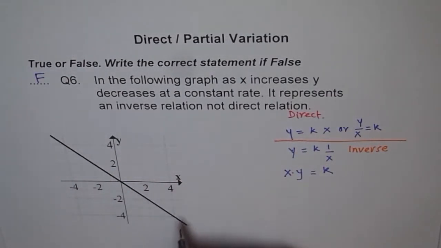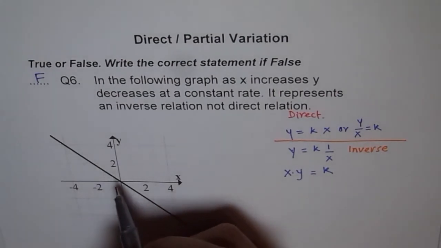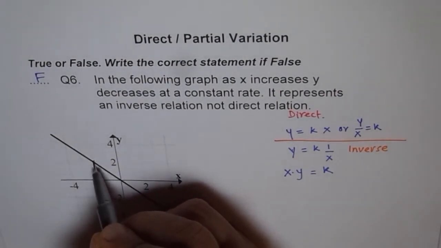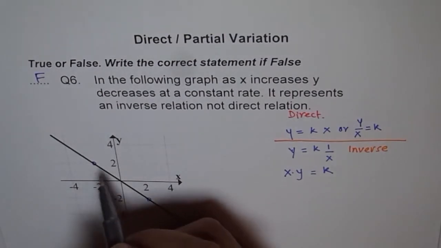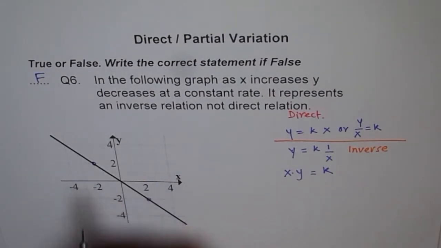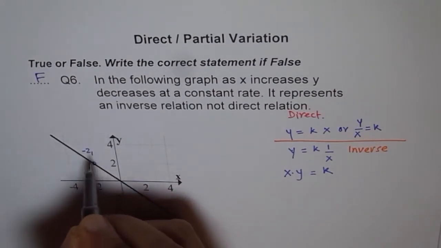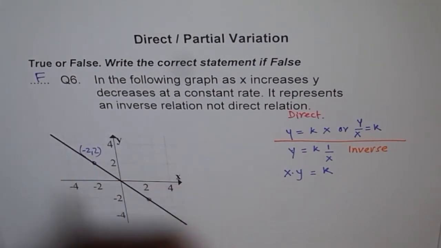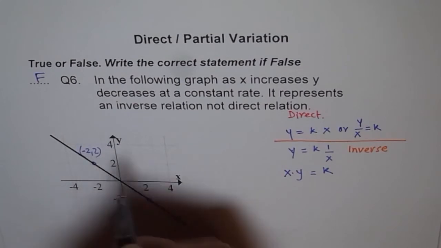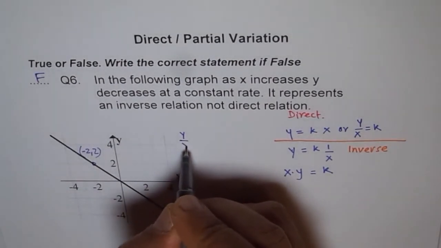So this graph actually, if you find the ratio, let's take some points here and find the ratio, right? So this point for us is x is minus 2 and y is 2, correct? So the ratio is y over x value.